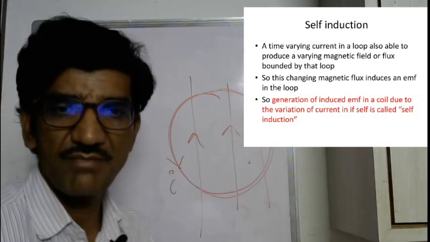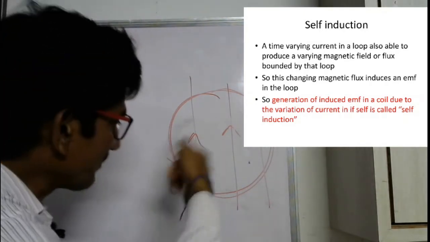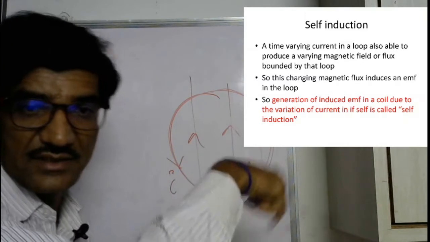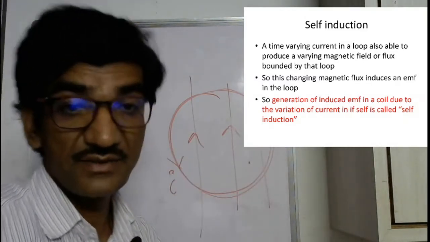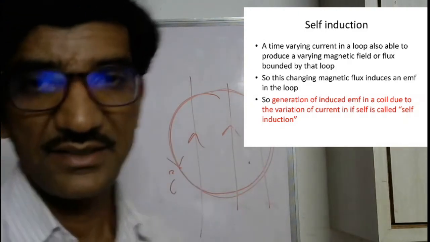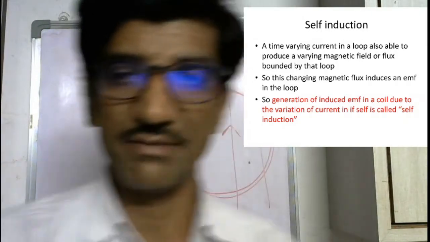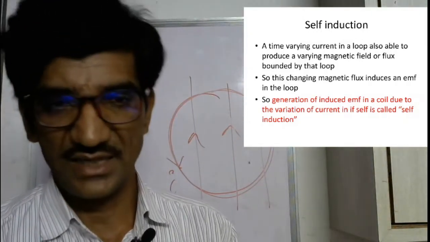You may call that a back EMF. That is a back effect of this current. Due to the effect of the flow of this current, you get that current, the induced current or induced EMF. This is the phenomenon of self-induction.